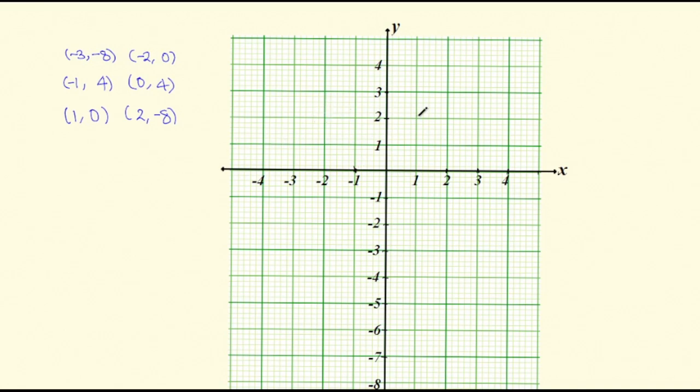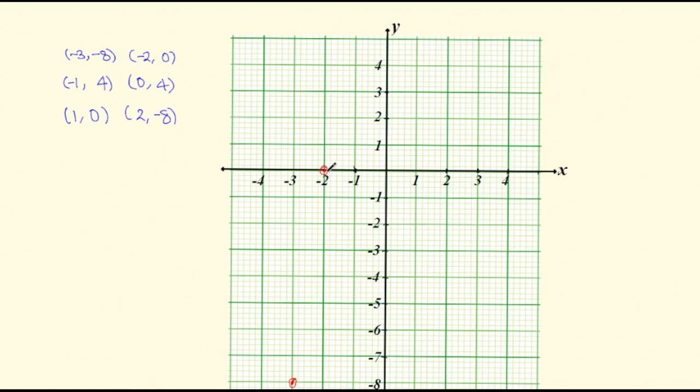Well, here's our Cartesian plane, so let's plot our points as before. The first point is -3 for x and -8 for y. So it's down here, we can give it a dot and a circle. The second point is -2 and 0, so it is exactly at the x-axis.